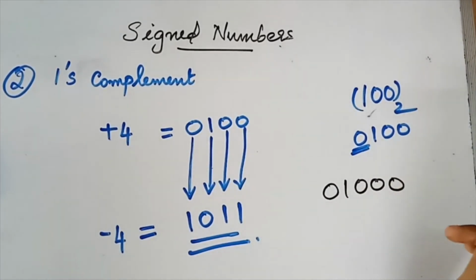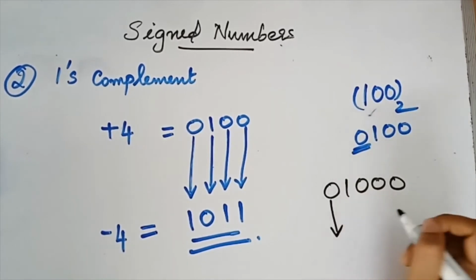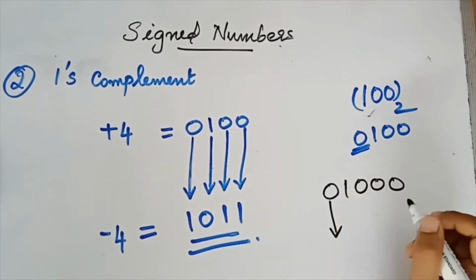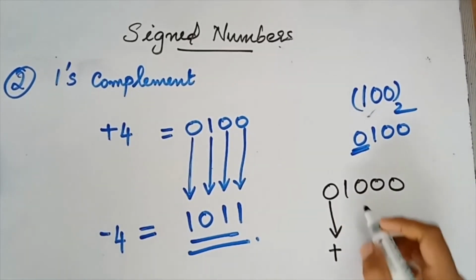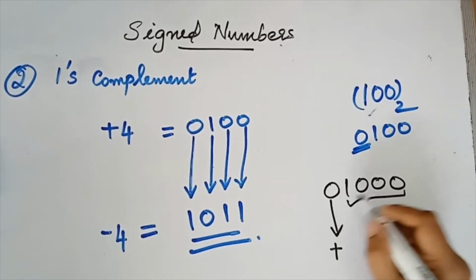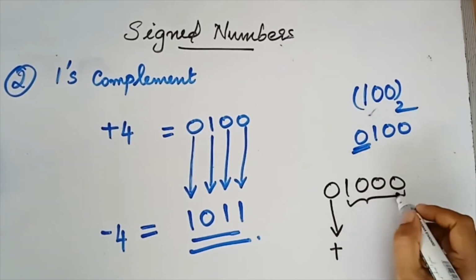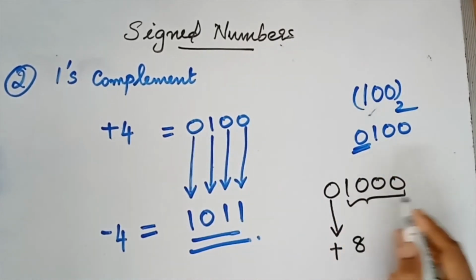We first check the leftmost bit, that is the sign bit. The sign bit is 0, so it is positive. Since it is positive, this will be the same as the binary number. You won't be complementing it. So this is +8.